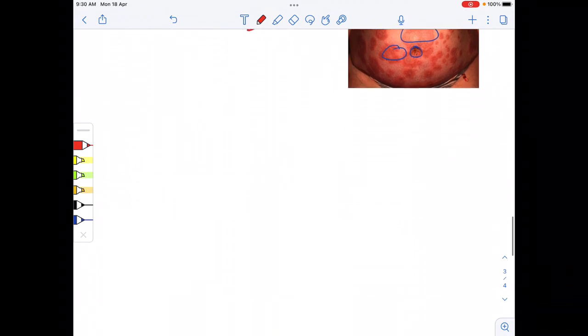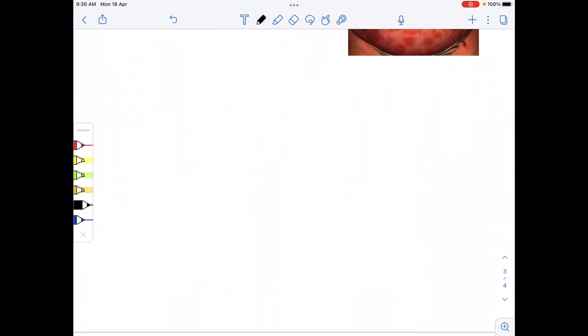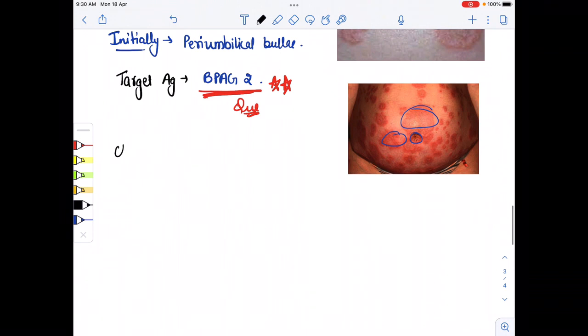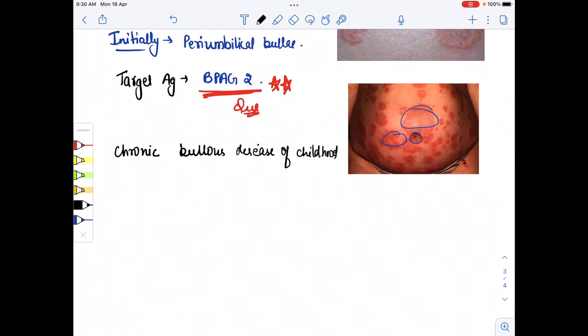Now we have another type, that is chronic bullous disease of childhood, which means that from childhood this disease will be there, and we already know that it is an IgA mediated disorder.